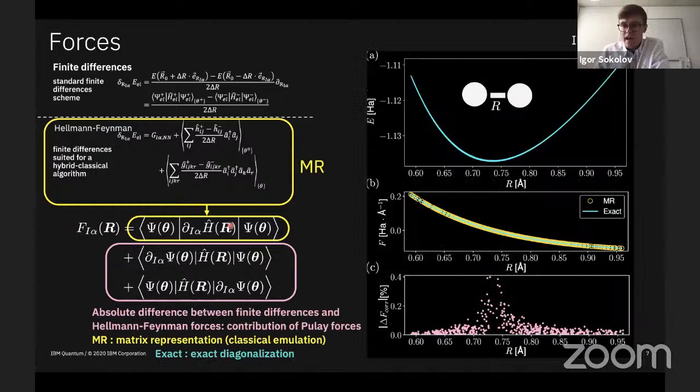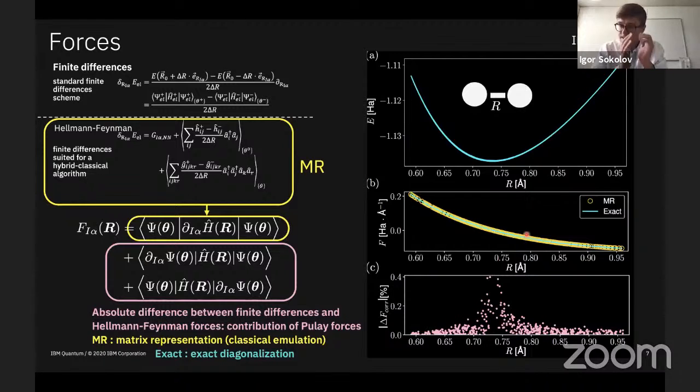So we did a calculation here. For instance, you can see on subplot A, we computed the potential energy surface by stretching the bond of the hydrogen molecule. The calculation in cyan is done with an exact eigensolver. And then we did a simulation of our classical algorithm using Hellmann-Feynman forces.